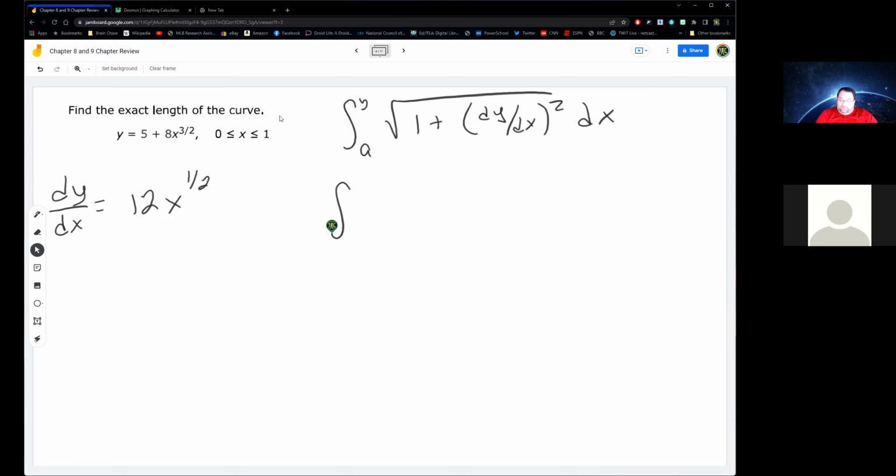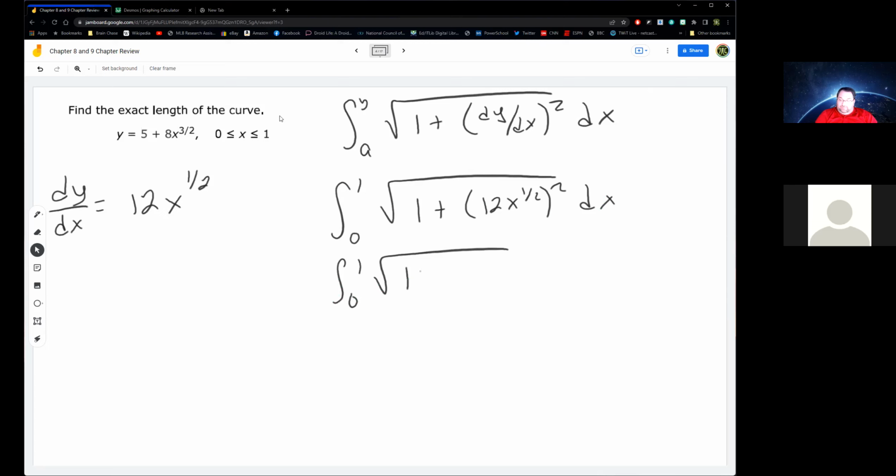So we're going from 0 to 1. So it's the integral of the square root of 1 plus 12x to the 1/2 squared dx. So it's 1 plus 144x dx. Now in this one, we've got a function inside of the square root, so I've got to do a u substitution.